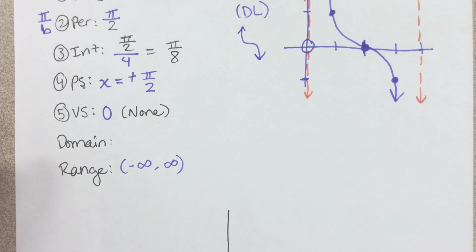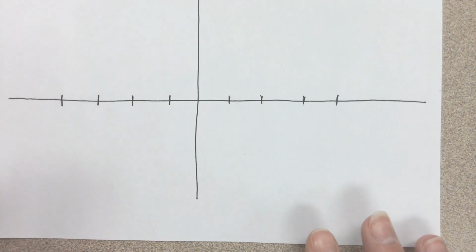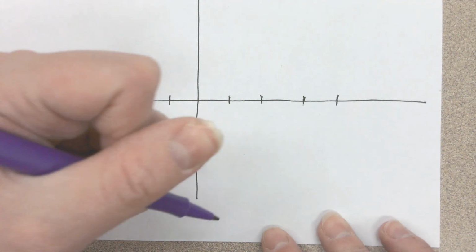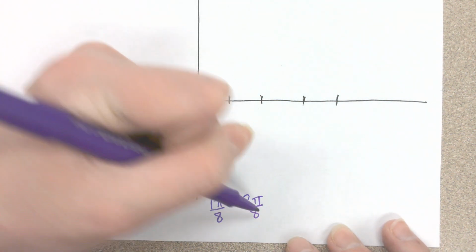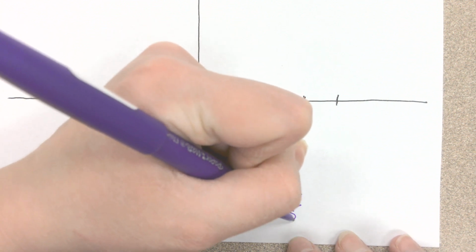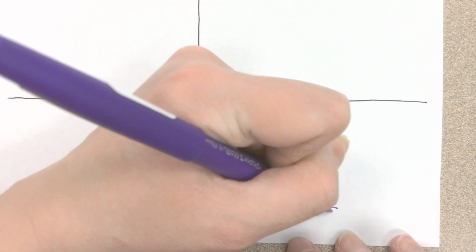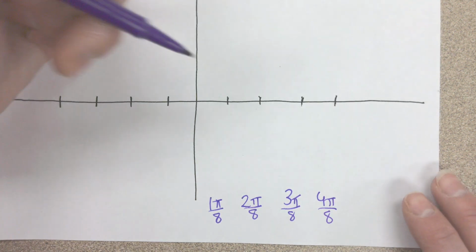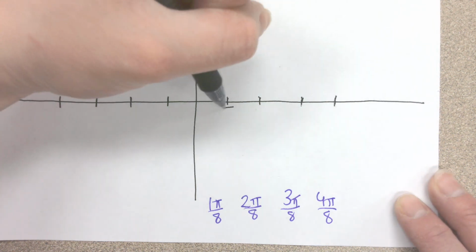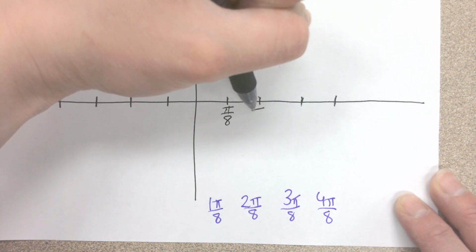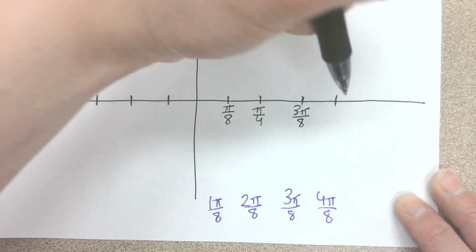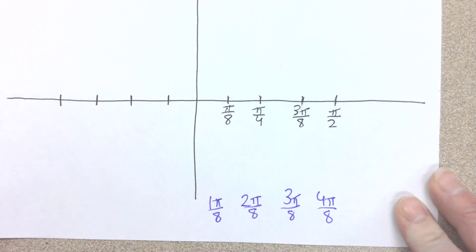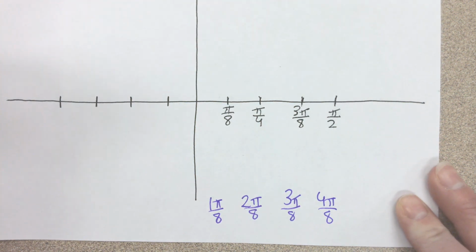This time my interval value is pi over 8. Working with the fractions at the bottom, we have 1 pi over 8, 2 pi over 8, 3 pi over 8, 4 pi over 8. Reducing: pi over 8, pi over 4, 3 pi over 8, pi over 2. Repeat for the negatives.